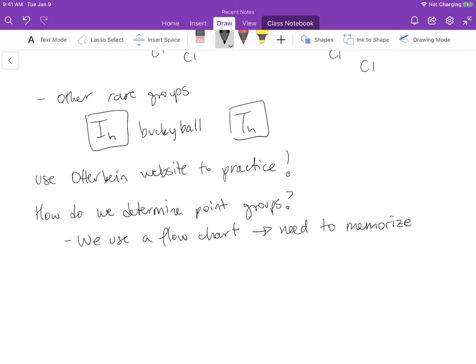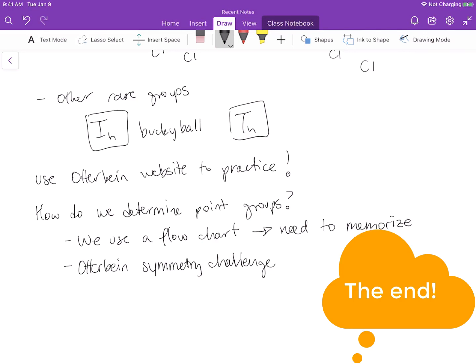So once you start doing some practices, it actually becomes quite second nature and you'll find it quite easy. So the way you're going to practice this is using the Otterbein Symmetry Challenge, and it guides you through going through these point group exercises. So that's it for this lecture. Thanks for listening.